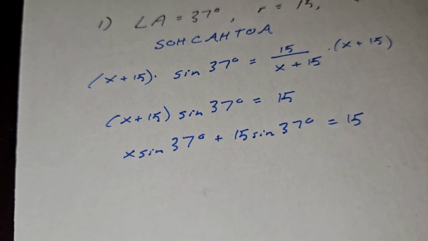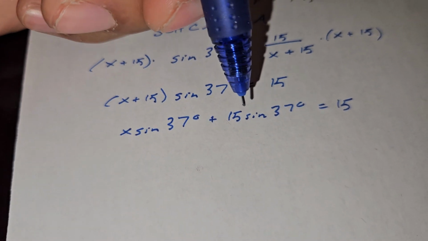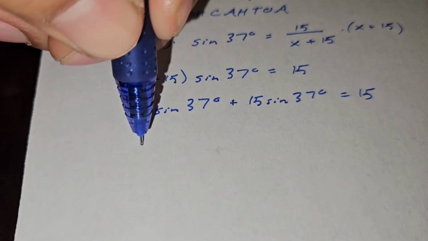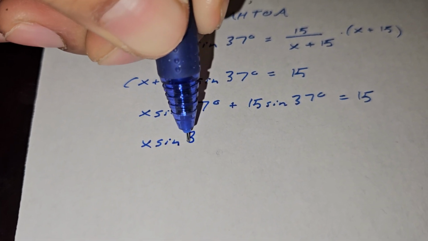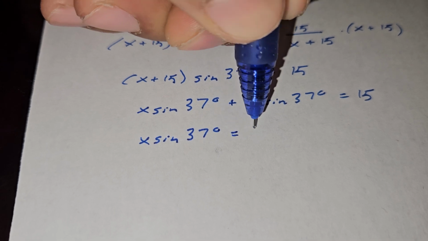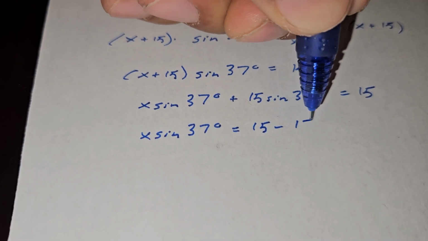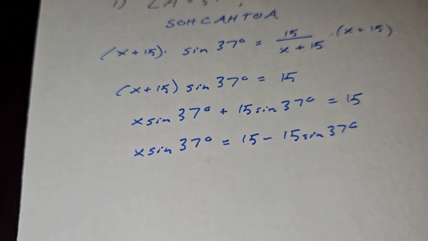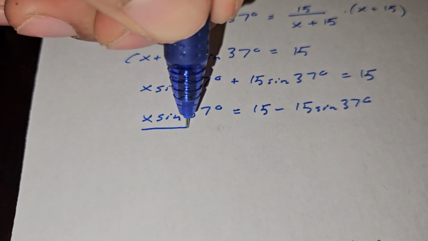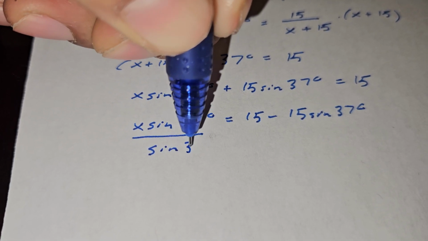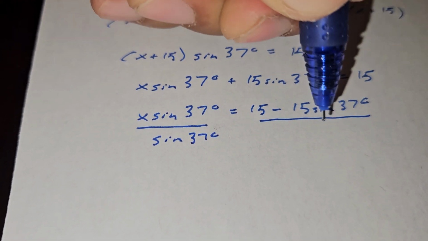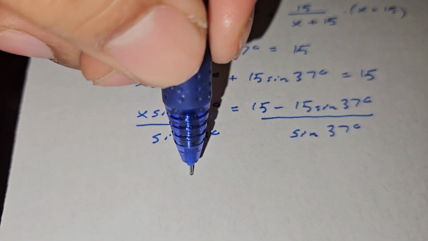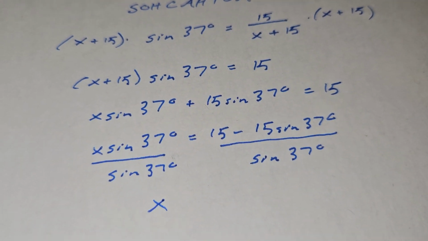We want to leave x by itself, so let's subtract 15 times sine of 37 degrees from both sides. So we are left with x times sine of 37 degrees is equal to 15 minus 15 sine of 37 degrees. And now let's divide both sides by sine of 37 degrees.